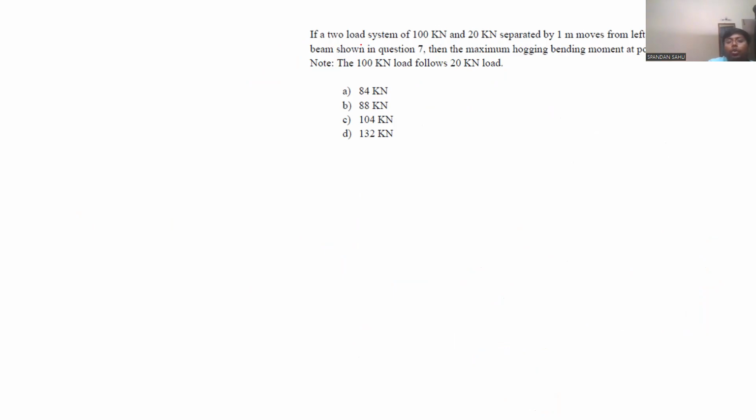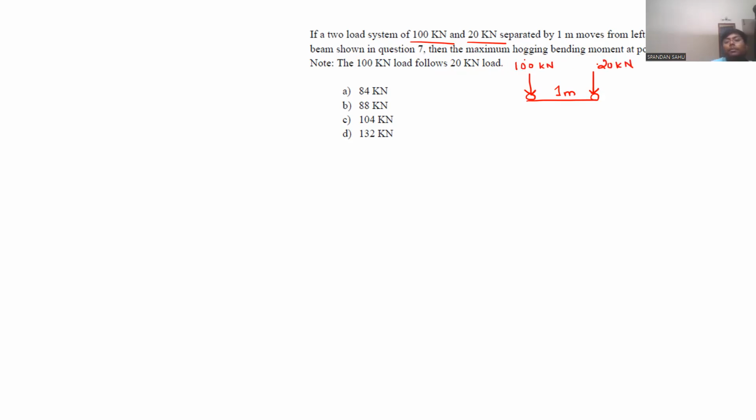Check this question. If two loads of 100 kilonewton and 20 kilonewton separated by 1 meter move from left to right on the beam shown in question 7, then the maximum hogging bending moment at point E will be... Means they are telling us we now have two moving loads, 100 kilonewton and 20 kilonewton, separated by 1 meter, moving from left to right, and the 100 kilonewton is following, means it is lagging the 20 kilonewton.